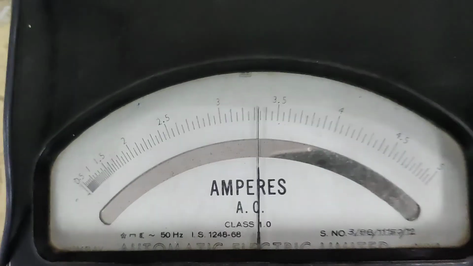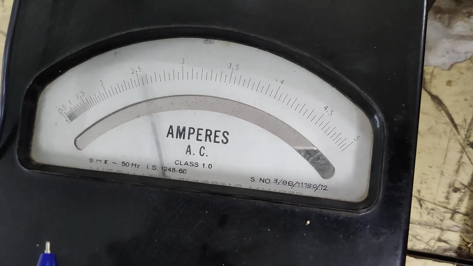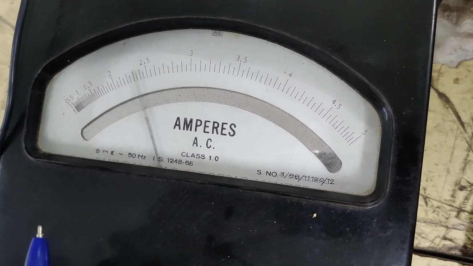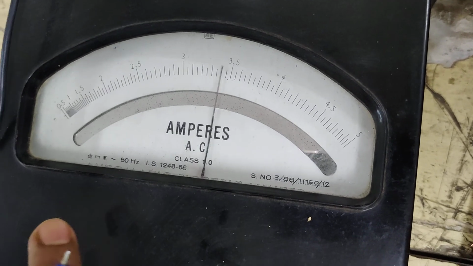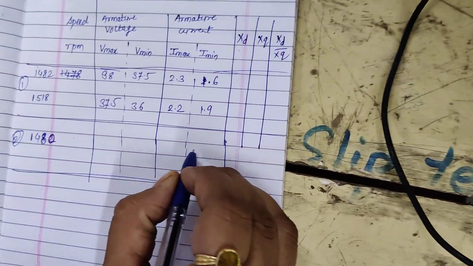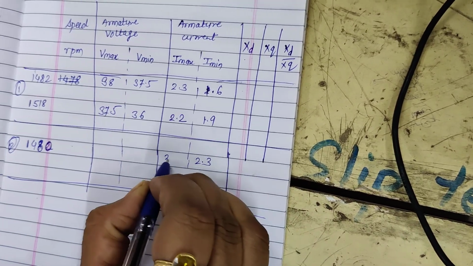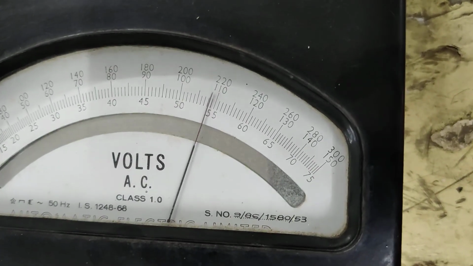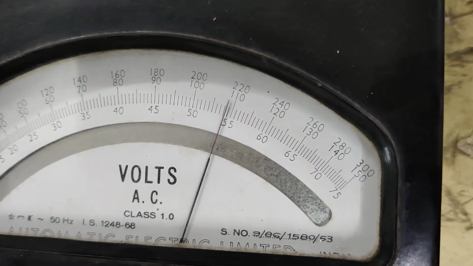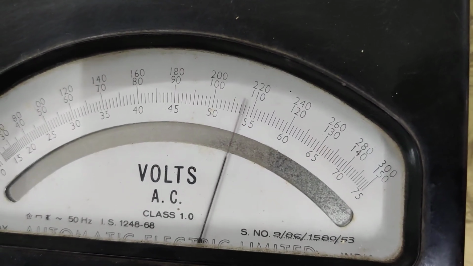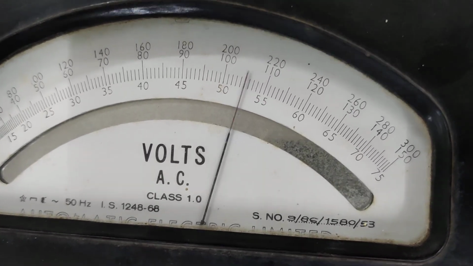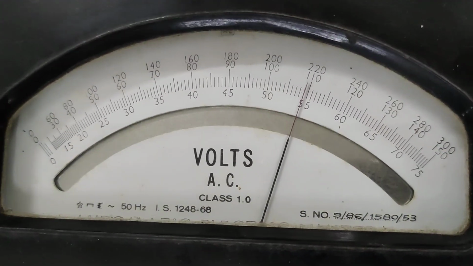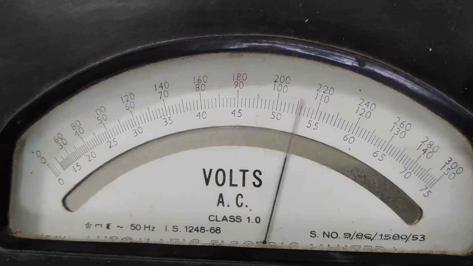Ammeter is 2.1, 2.3, and maximum is 3.4. Ammeter is swinging nicely. Voltmeter has less swing as compared to ammeter, so it is 52, and maximum is 54.